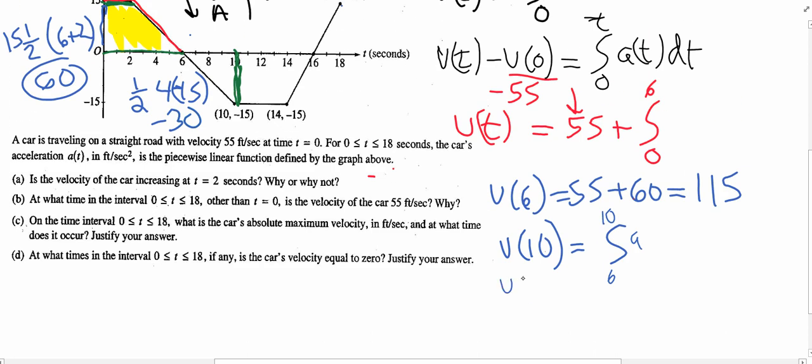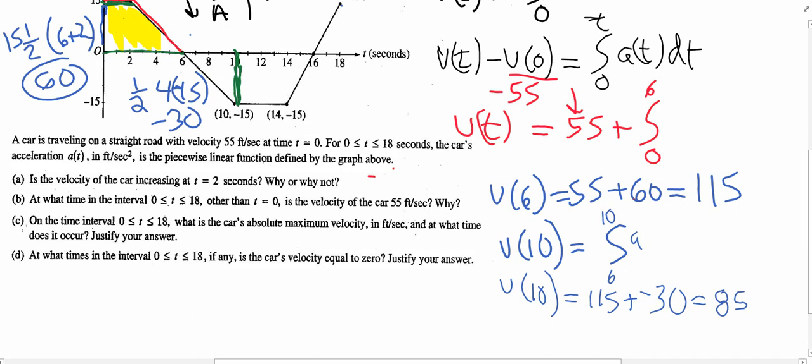So the velocity at 10, similar to the problem before, it's going to be 115 plus this integral. So let's figure that out, which is negative 30. So you can just write negative 30 right here. So 115 minus 30. I believe this was a calculator question, so this velocity is equal to 85. And we're looking to see where it's equal to 15.